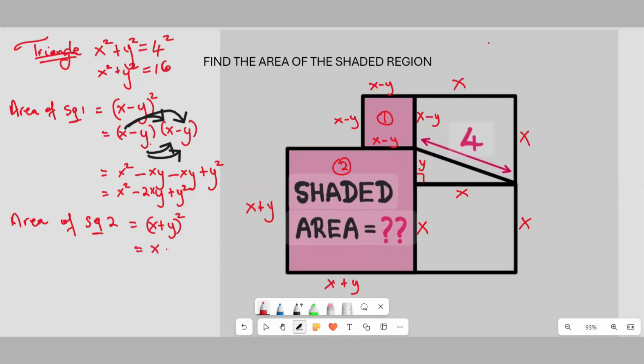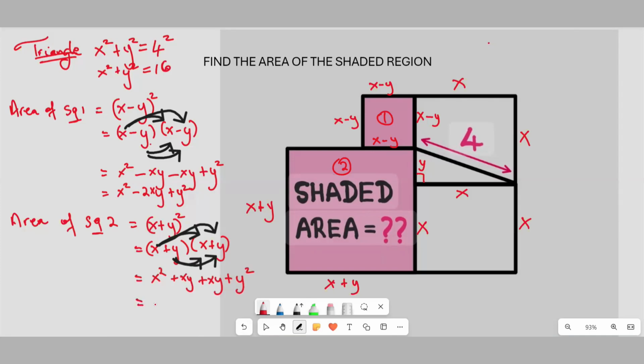So we're looking at x plus y, and this is used to multiply by x plus y. And we're going to FOIL this out just the same. So x will multiply to x, and then x will multiply to y, then the y will go with the x, and then the y will go with the y. So let us simplify this idea. When x multiplied by x, I'm going to get x squared. x times y will give me xy, y times x will give me xy, and then y times y will give me y raised to the second power.